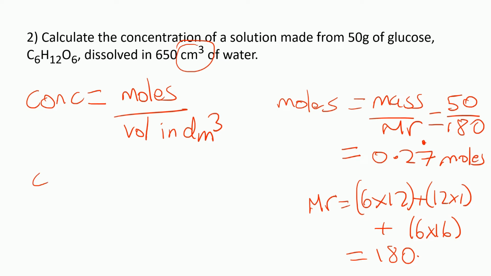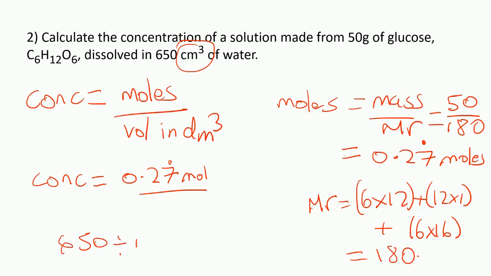Concentration is moles divided by volume in dm cubed. We now know we've got 0.27 recurring moles divided by, so we're going to need the volume in dm cubed, so we do 650 divided by 1000, which is 0.65 dm cubed.